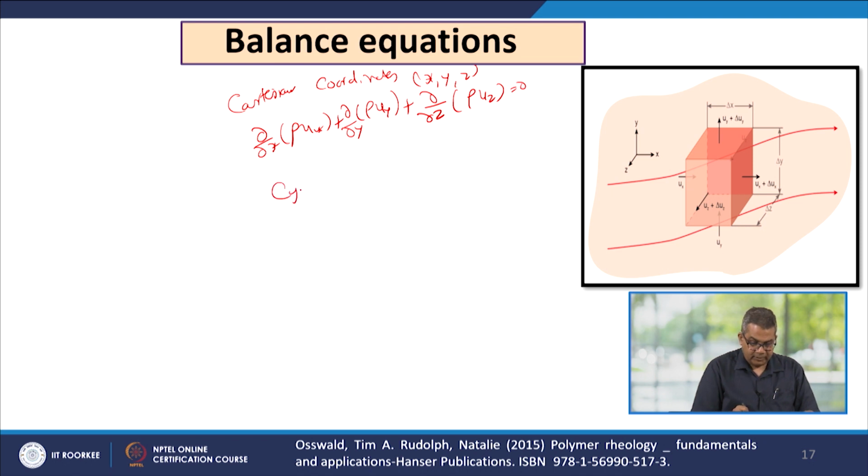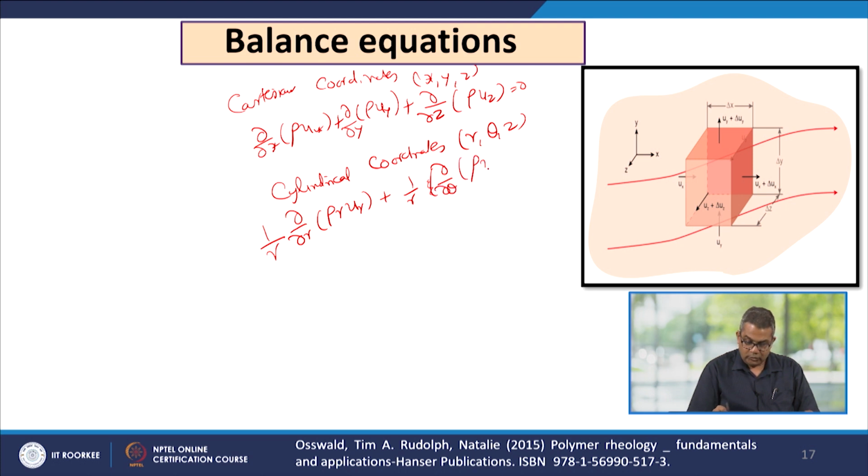Now, for the cylindrical coordinates r, theta and z, this can be written as 1 over r del over del r of rho r u r plus 1 over r del over del theta of rho u theta plus del over del z of rho u z is equal to 0.